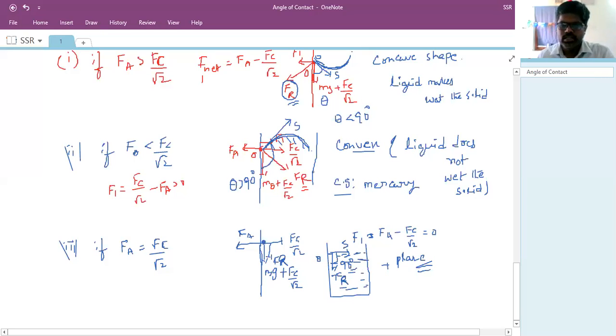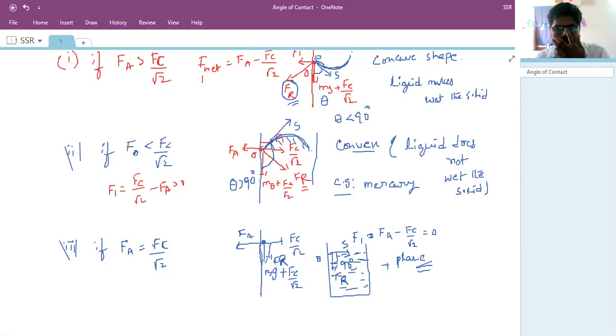So this is about understanding the liquid meniscus shape with respect to the liquid and solid. In the case of water, we have explained this based on the phenomena of adhesive forces and cohesive forces. Are you clear up to this?